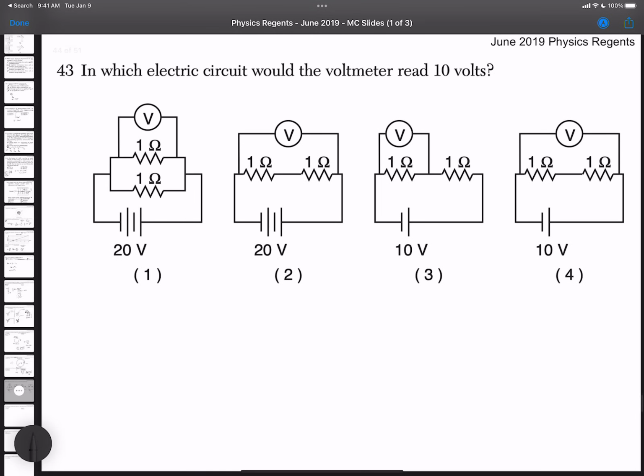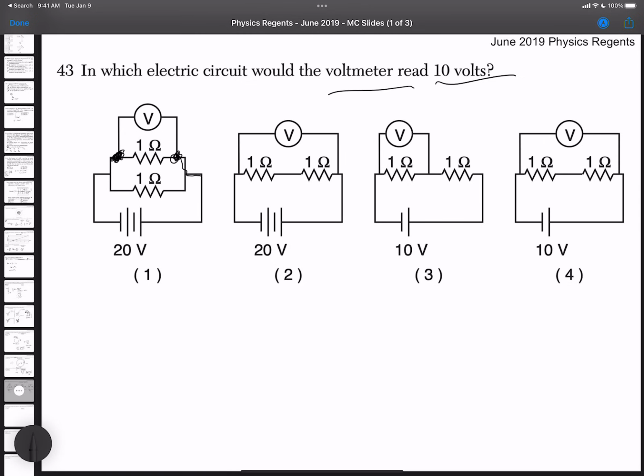All right, question 43. In which electric circuit would the voltmeter read 10 volts? Again, this one's a little bit tricky, and I think a good approach is to just go situation by situation, write down what the potential would be, and then once you find one that is 10 volts, you are good to go. So in this first example, remember what a voltmeter is doing is comparing the potential on this side to the potential on this side.